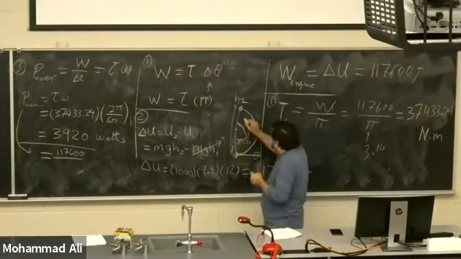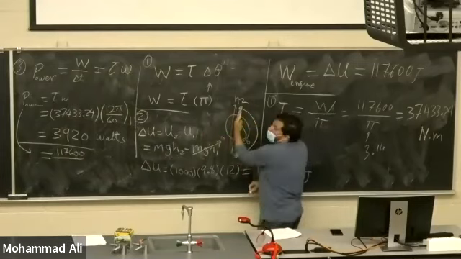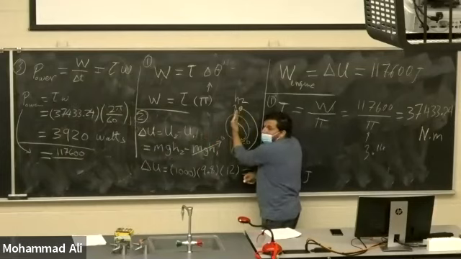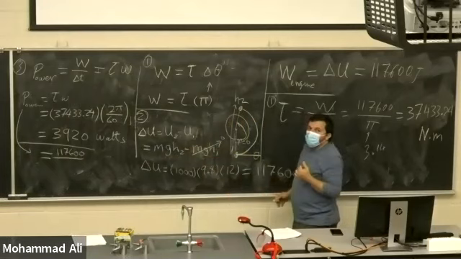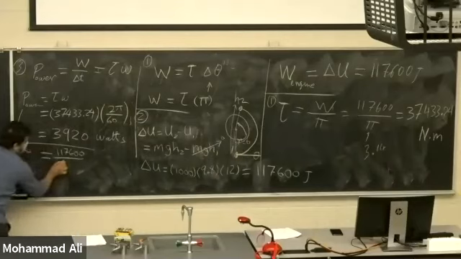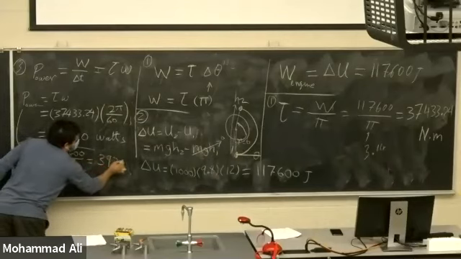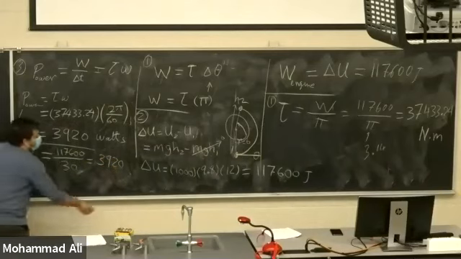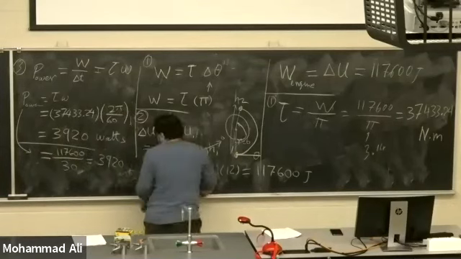For a total rotation, we need 60 seconds. For half rotation, we need 30, the half of the time, right? Right. It is 30 seconds. This will give me the same power in watts. Okay.